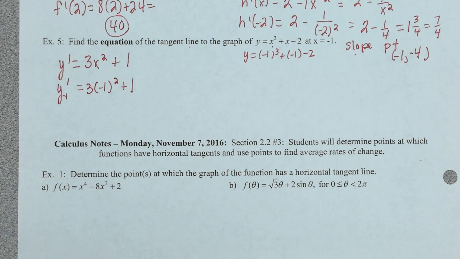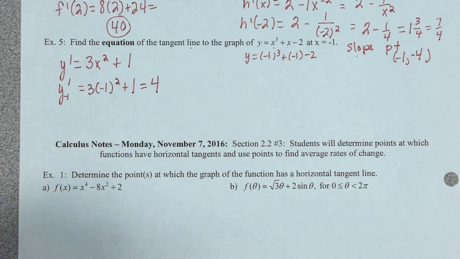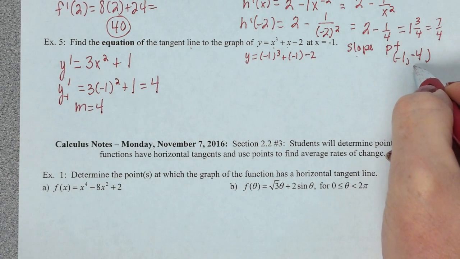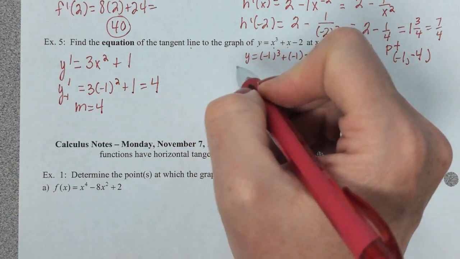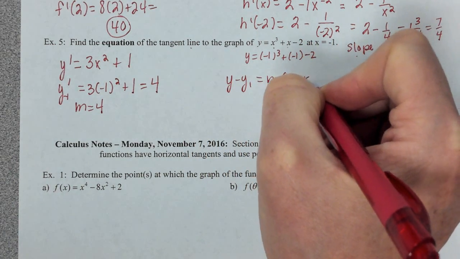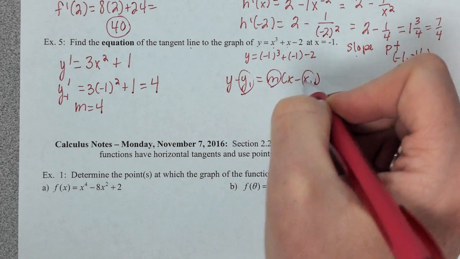What do we get? What is it, guys? 4. So 4 is our slope. So once I know my slope is 4 and my point is here, I can now use point slope, which is y minus y sub 1 equals m times x minus x sub 1. I sub in here, here, and here.